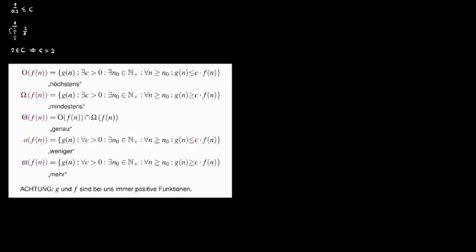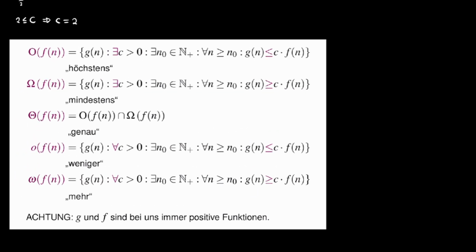So, I want to give you this example here. In this case, we have all these tables. And as you can see, we just worked with O of n, right? But we can also work with omega of n, or theta of n, or little o of n, or little omega of n as well.